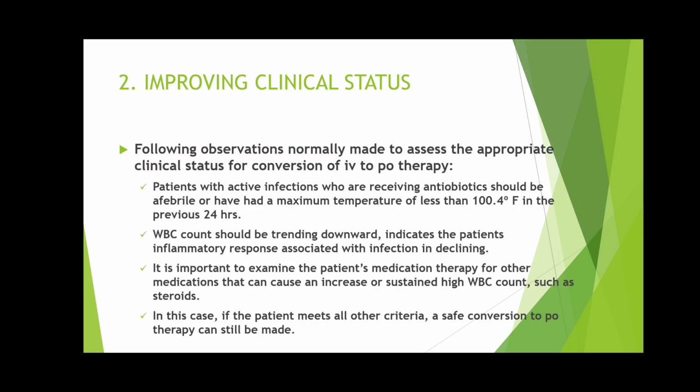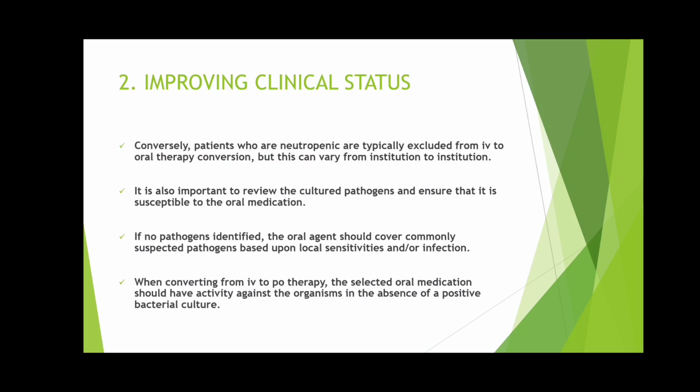In this case, if the patients meet all other criteria, a safe conversion to oral therapy can still be made. Conversely, patients who are neutropenic, defined as an absolute neutrophil count of less than 500 cells per mm cube, are typically excluded from the intravenous to oral therapy conversion, but this can vary from institution to institution.